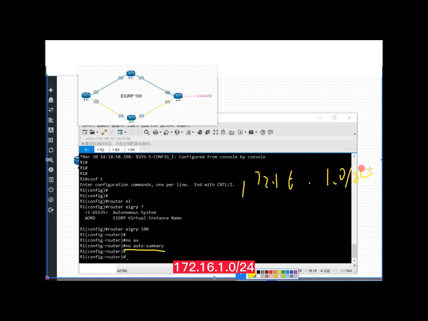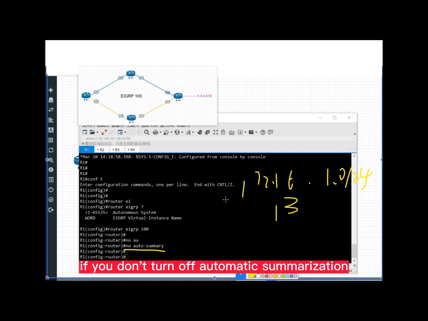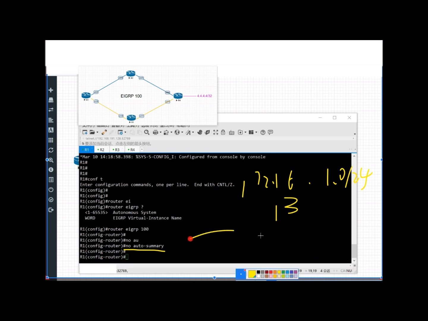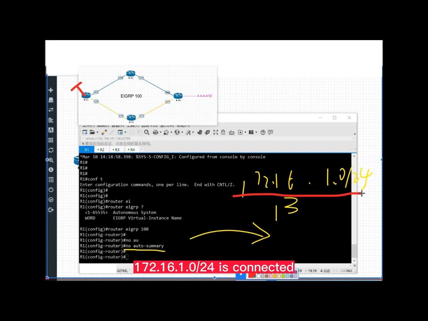172.16.1.0/24 is a class B address. If you don't turn off automatic summarization, it will spread to you as 172.16.0.0/16. For example, I am on the device R1, and a network segment of 172.16.1.0/24 is connected.